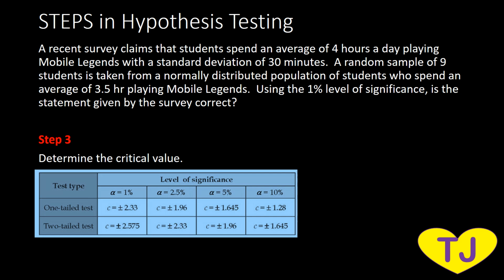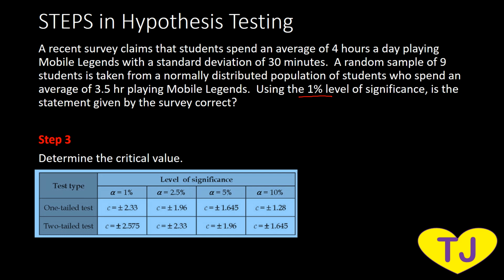Now, in order for you to locate the z value for that area, you will be referring to this table. So how to locate the z value in here? You start off with the level of significance, that's 1%. So you locate the level of significance here. We've got 1%, 2.5%, 5%, and 10%. These are the most commonly used levels of significance in the world of research.